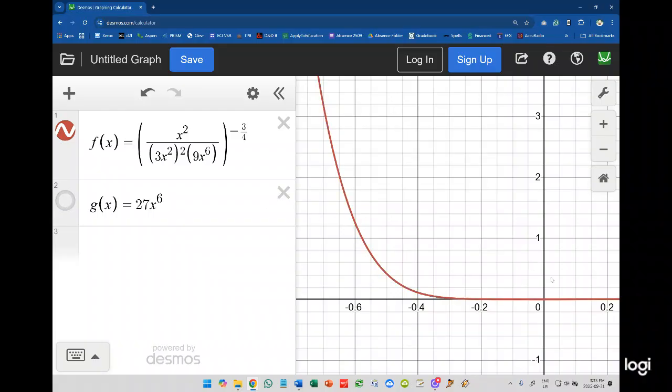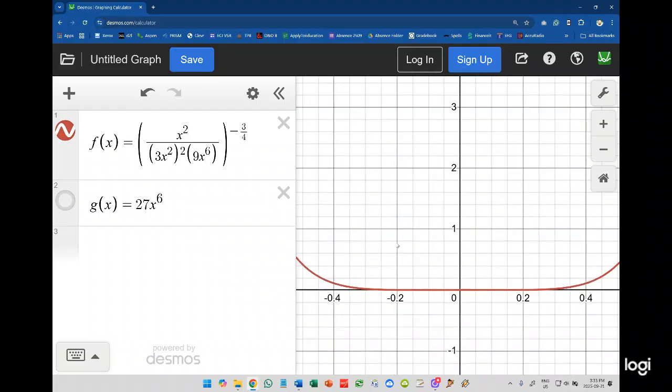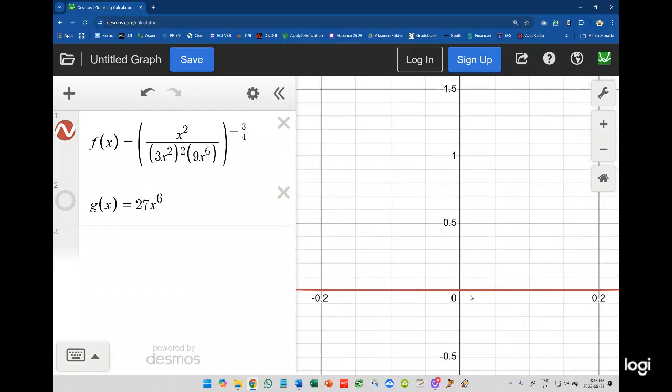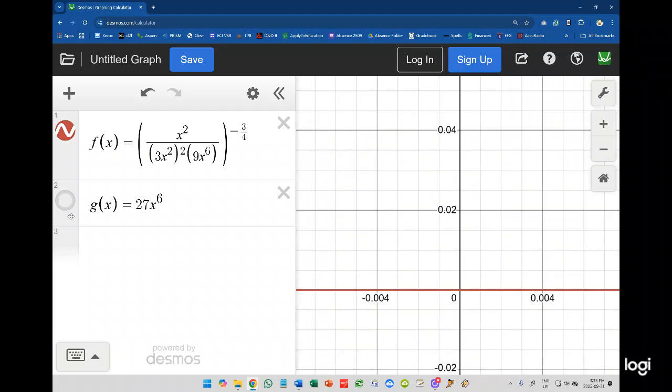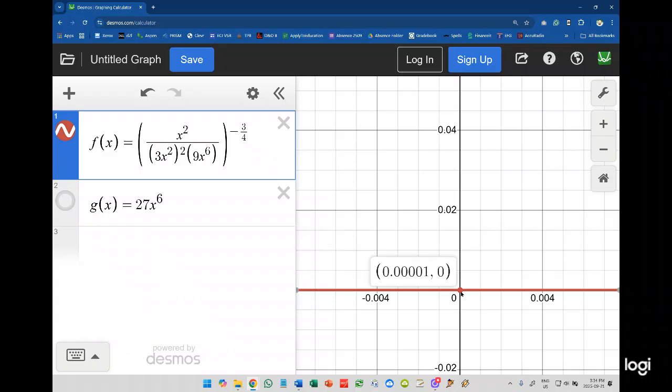But the one difference is that we said that it's only equal to 27x to the sixth if x is not equal to 0. And if I zoom in enough here, if I turn on the blue one, you'll see that at 0, sure enough, when I plug 0 in, I get 0 out for 27x to the sixth. However, if I plug 0 into the red function, I get undefined.